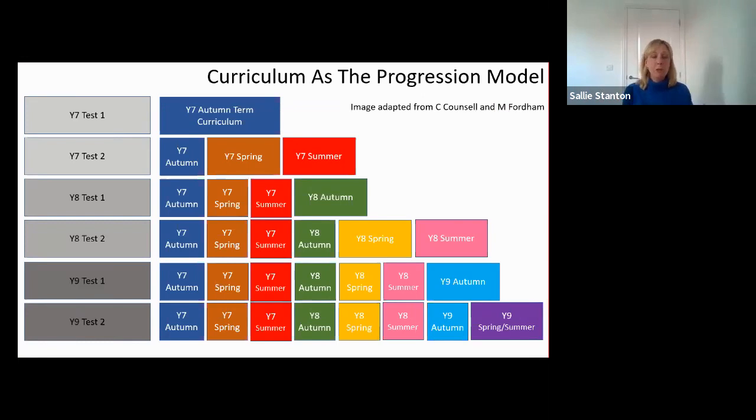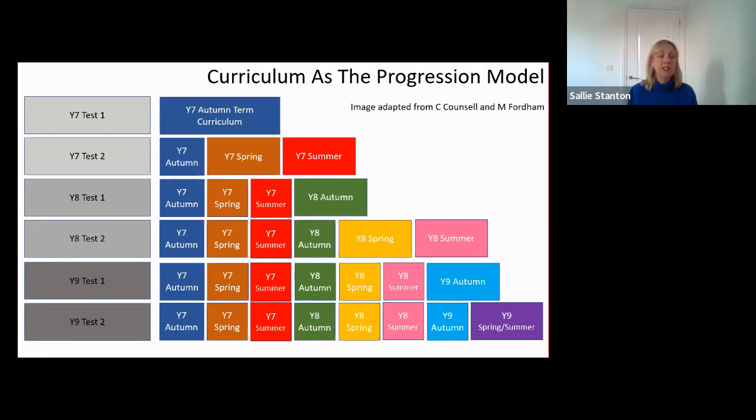And because pupils are learning more year on year, we really want to make sure that our summative assessments sample from all of the teaching that pupils have had over time. So if you think about sampling from a section of the domain, if we only ever sample what we've just finished teaching in our summative assessments, we're going to get a skewed result potentially, because we're not actually sampling from the entire domain.